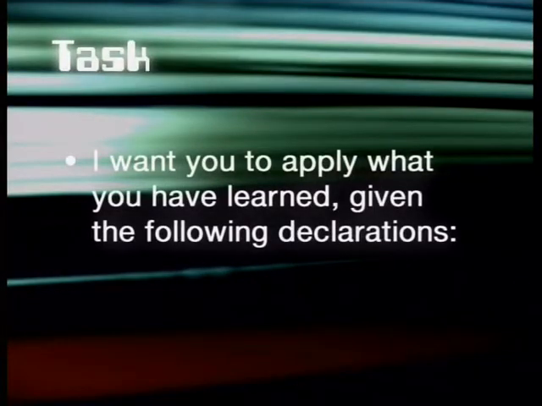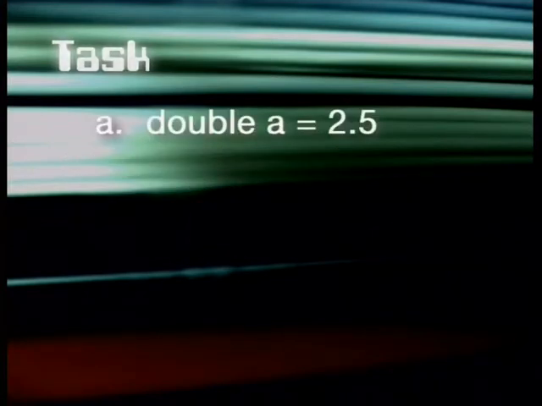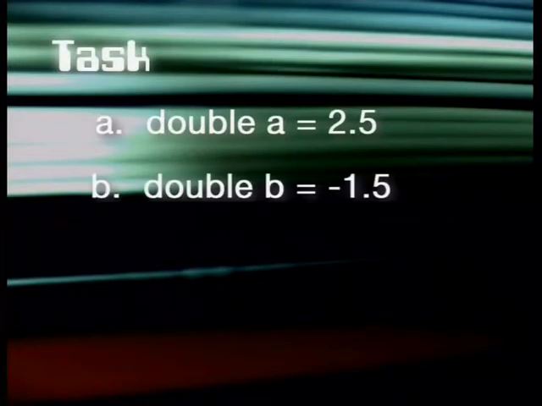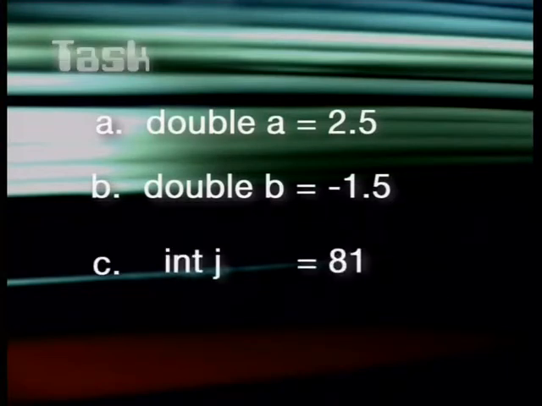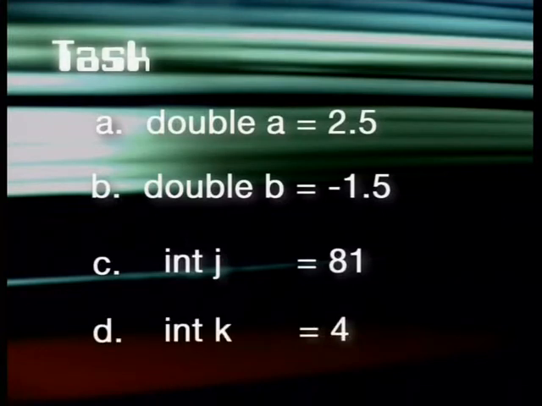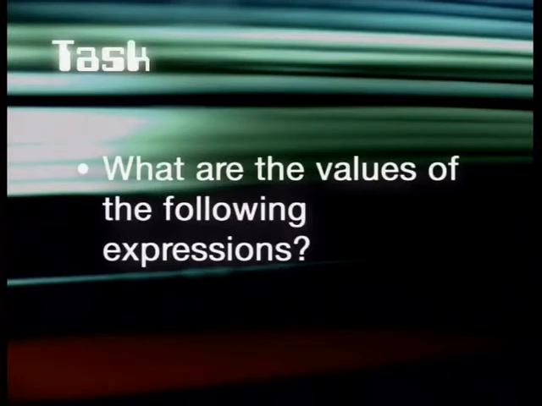I want you to apply what you've learnt given the following declarations. double a gets the value 2.5. double b gets the value minus 1.5. int j gets the value 81. And int k gets the value 4. What are the values of the following expressions?